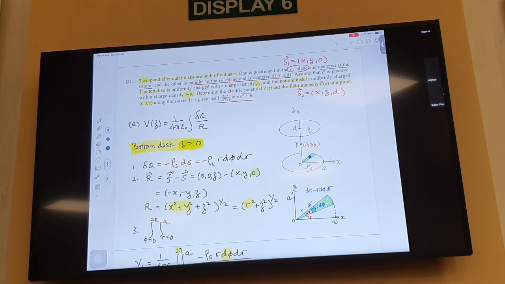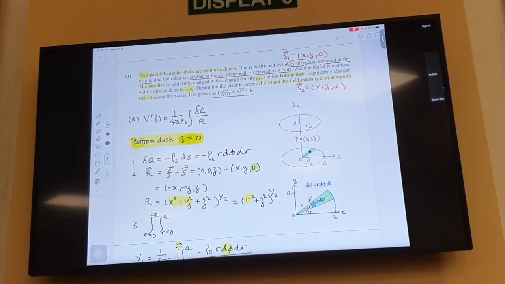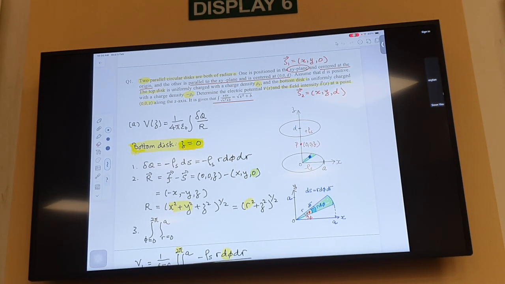This one unfortunately is not very clear. When you say 0, 0, z, I put it here. How about here? Is it okay? In this question, we need to consider this location or this location, because you need to compute the electric potential and electric field along the z axis, 0, 0, z.